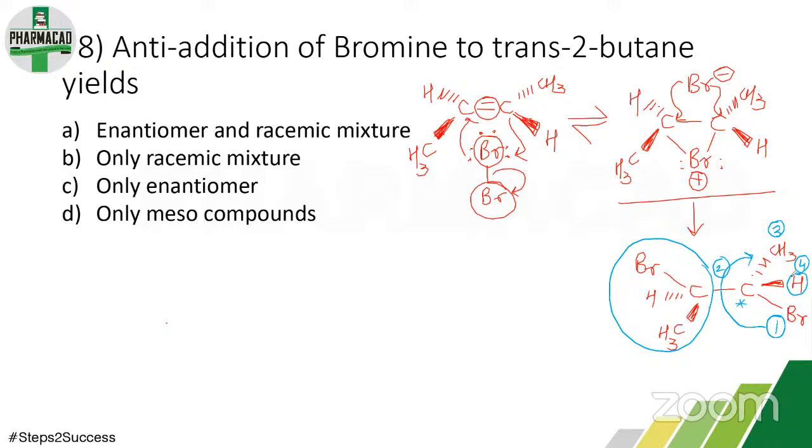So this carbon has configuration R but it becomes S. Like that, this carbon is R. So we are getting RS 2,3-dibromobutane. With this, we will get another product, this carbon with this carbon, one bromine and another bromine in the opposite manner.